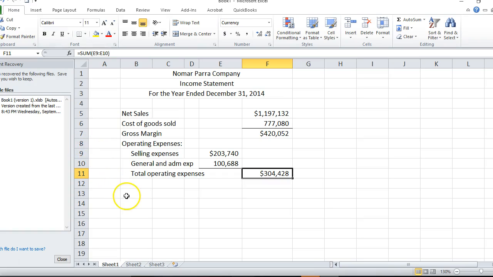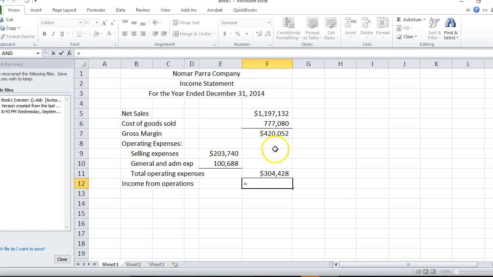What comes after the total operating expenses? What's going to be our next figure? Income from operations. And that is going to be our gross margin minus our operating expenses, gives us our income from operations of $115,624.